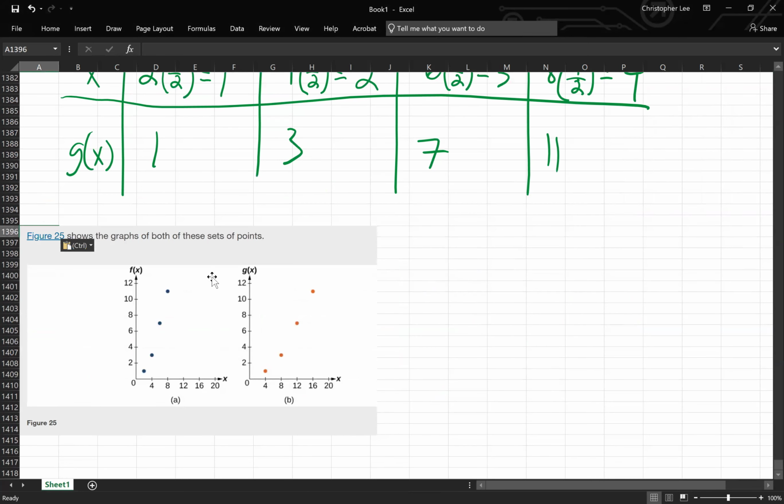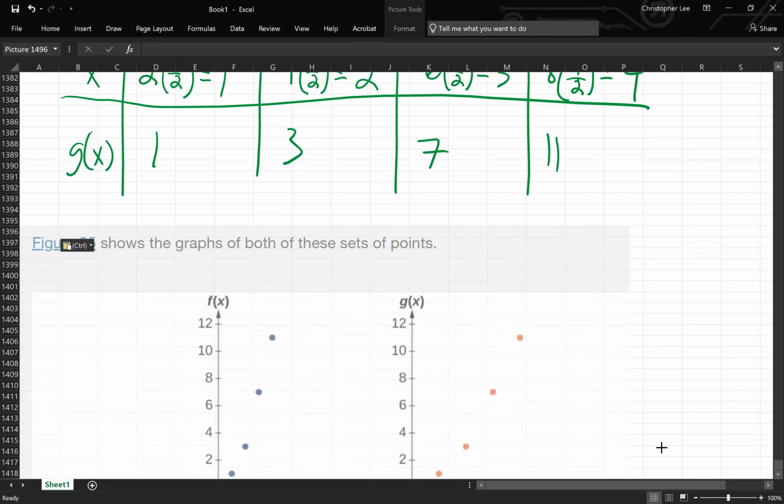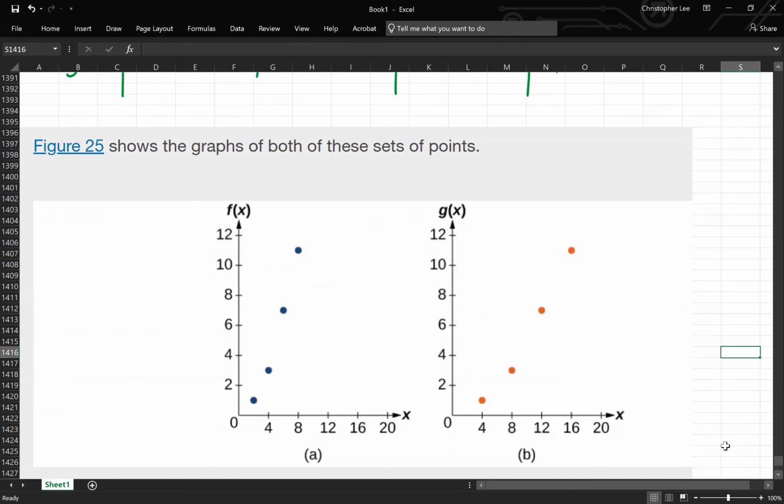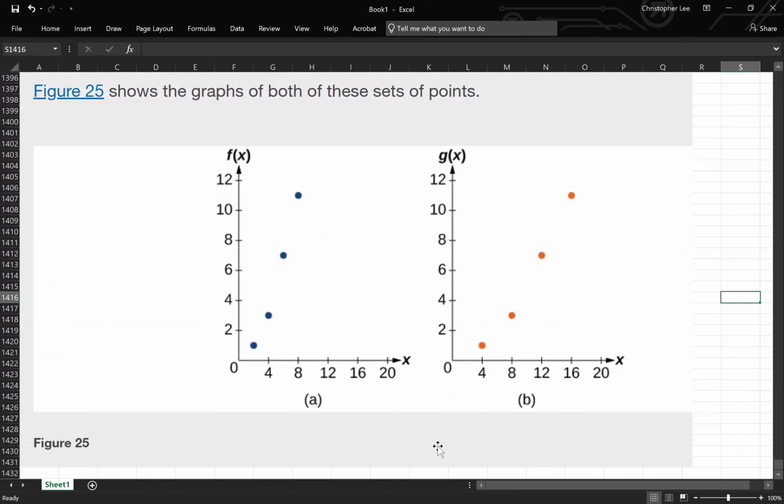It's not really clear in the graph, but this is kind of what happened with those points. In A, that was the original f of x, and then this is the g of x. It got stretched, that's the word I'm trying to say.